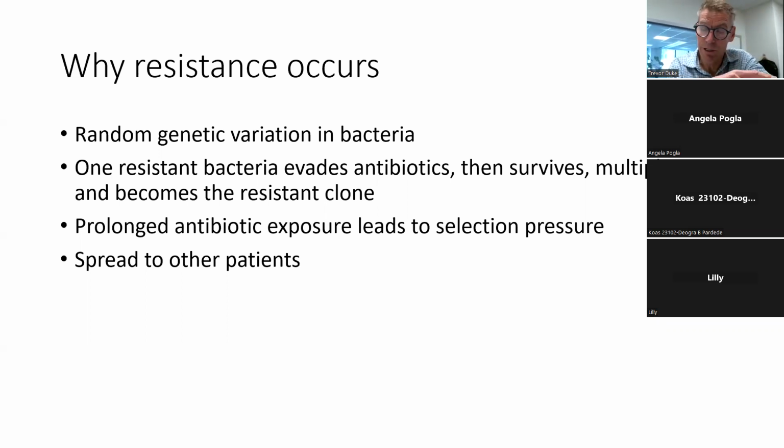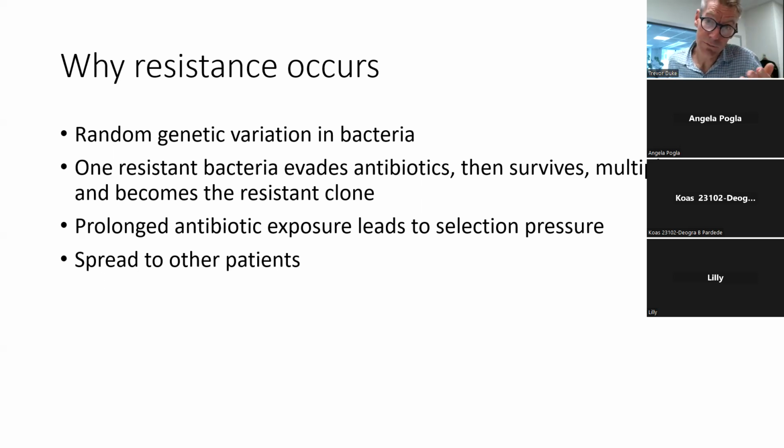It's not such a problem in homes and in communities, except when there's large exposure to antibiotics. And some of the exposure to antibiotics in the community can develop because of antibiotics that are used in other industries besides the healthcare industry.